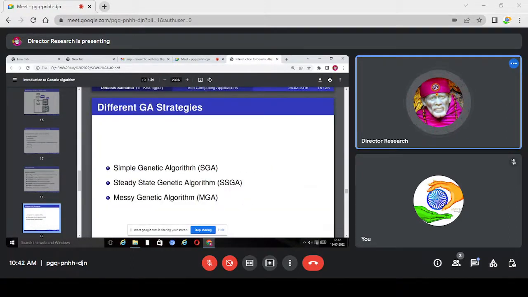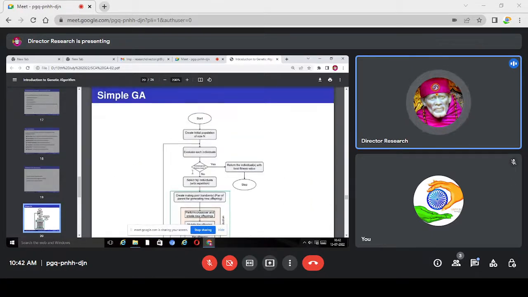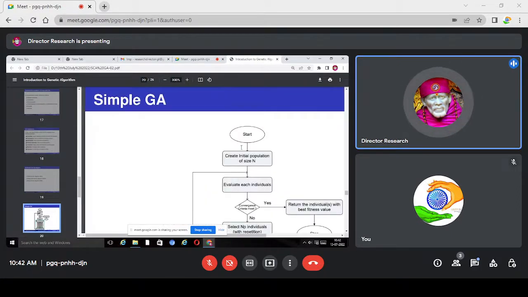Different types of GA strategies: simple genetic algorithm, steady state genetic algorithm, messy genetic algorithm. Here you have to see the simple genetic algorithm flowchart.